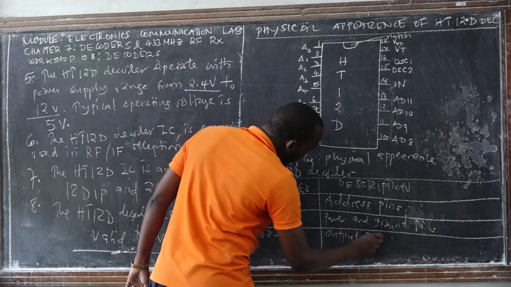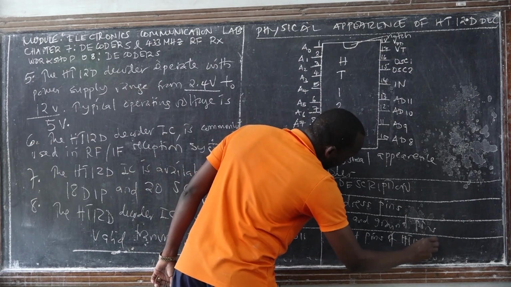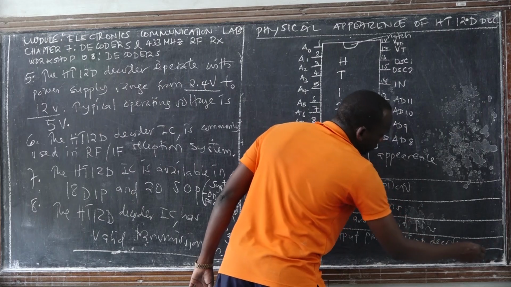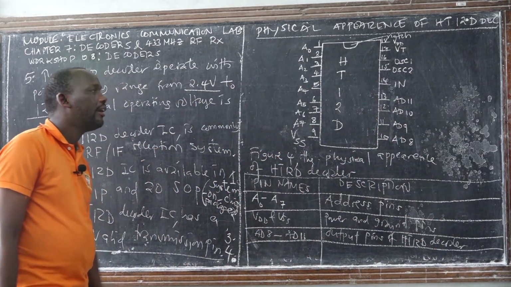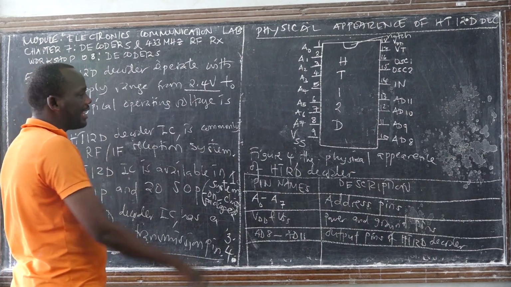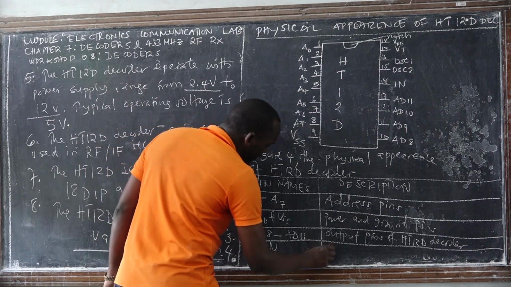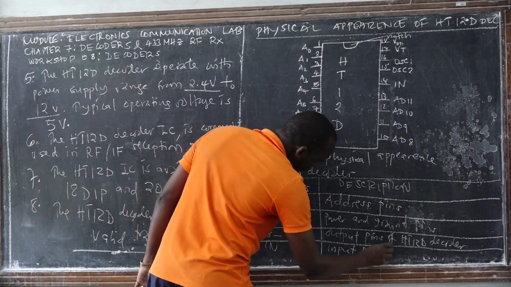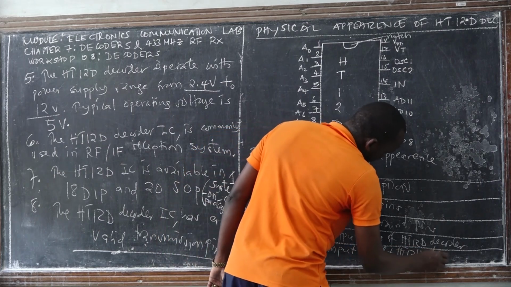So these are the four output pins of the Ht12D decoder. Are we together? Then the other pin is called the input pin of the Ht12D decoder.